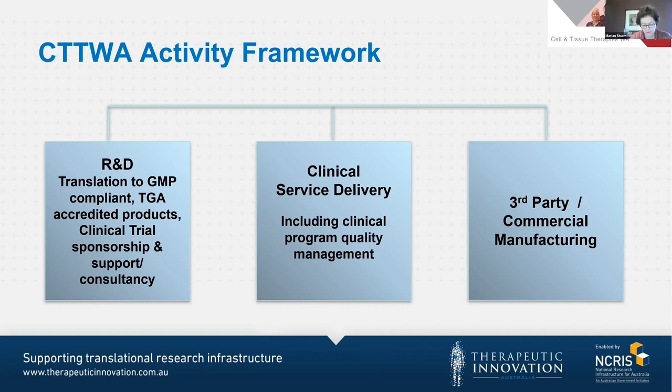Now, our activity framework is based around clinical service delivery. And as part of that, we have an extensive quality management system for the manufacturing facility, as well as a clinical quality management system, since we look after a couple of clinical programs.